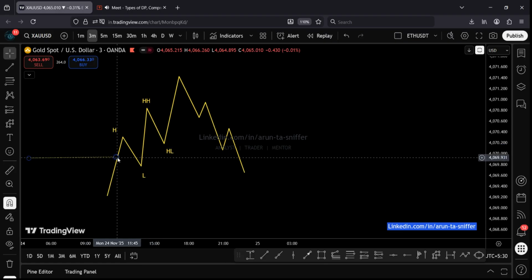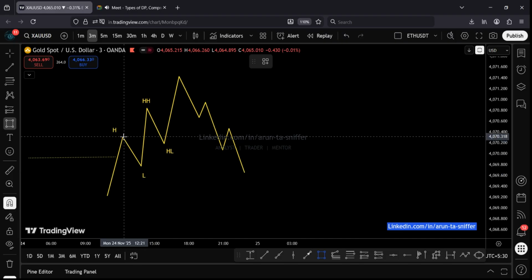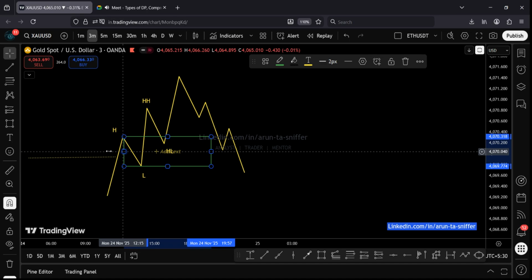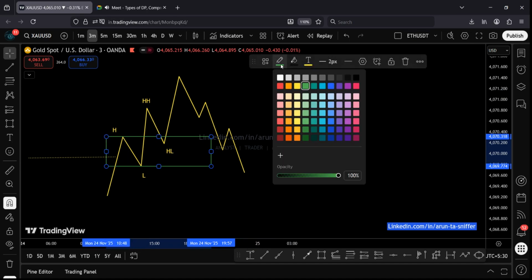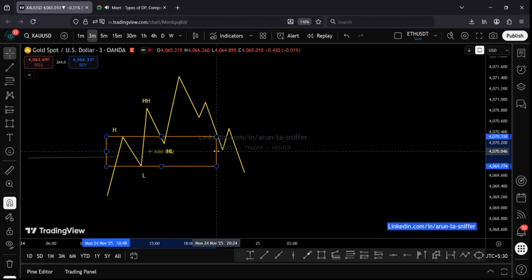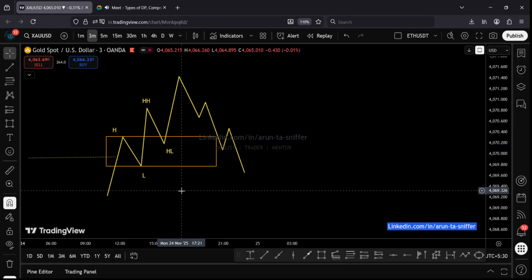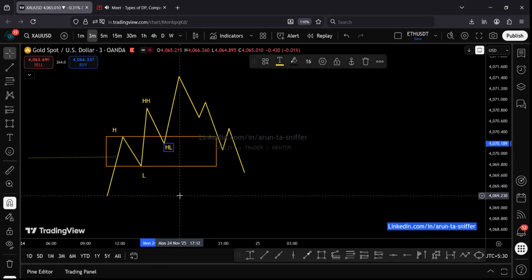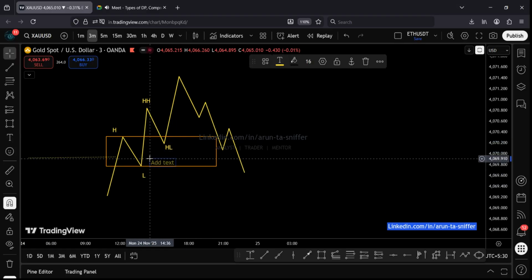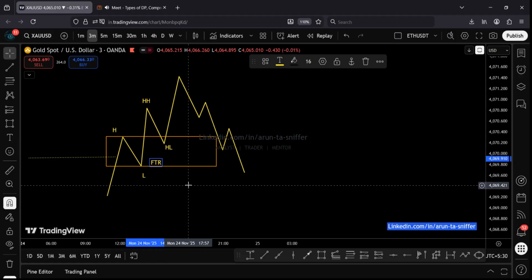Okay, when this level is crossed and price pulls back, we have a zone. We call this zone FTR.